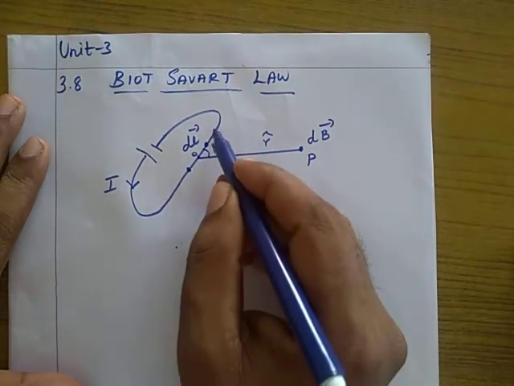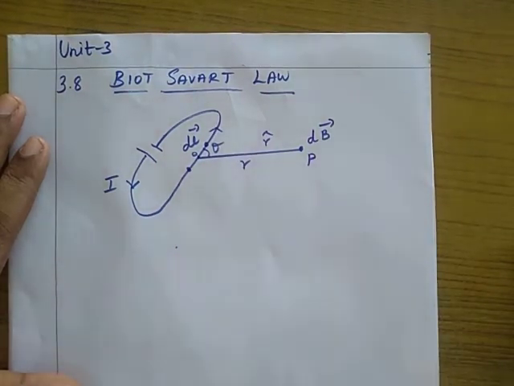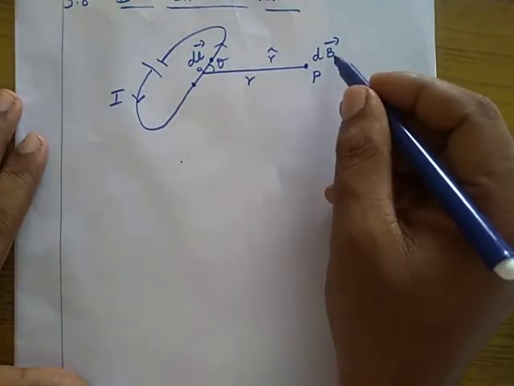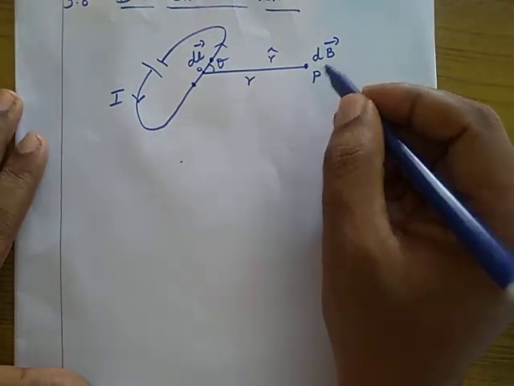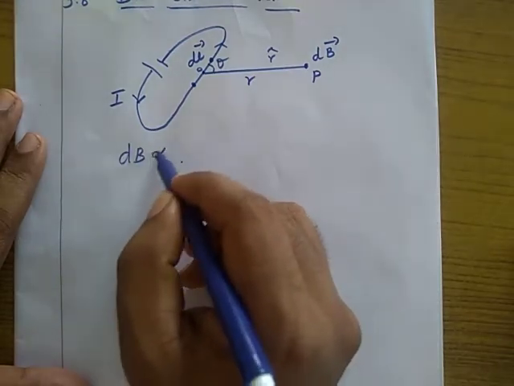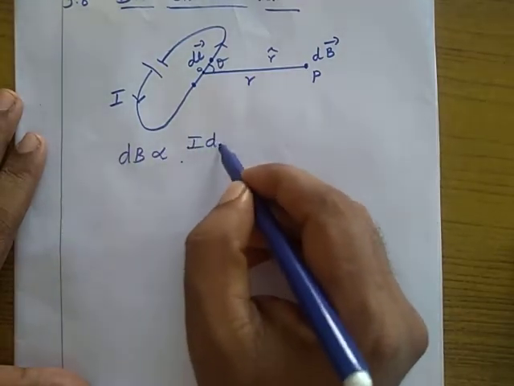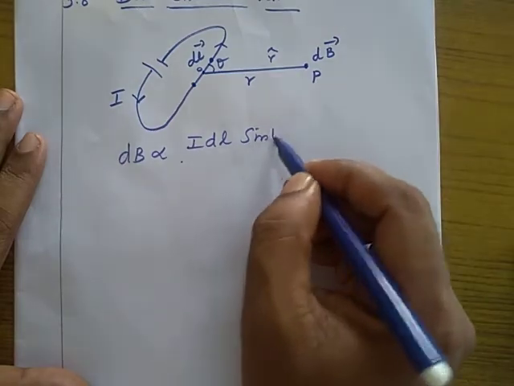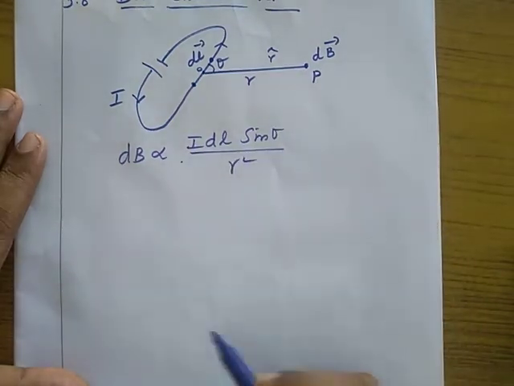Current is flowing in this direction. Then the magnetic field at the point P is dB. The magnitude of that magnetic field is proportional to I dl sin theta by r square.